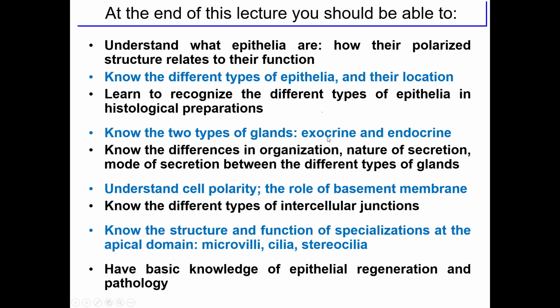The basement membrane is an extracellular structure, and we'll see that it is made of constituents that are produced by other cells, connective tissue cells, but it also incorporates proteins that are produced by the epithelial cells themselves.